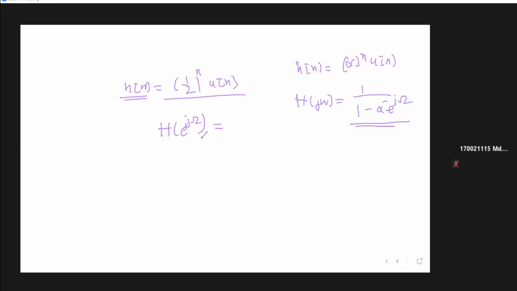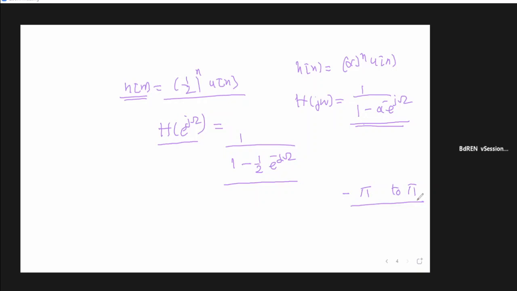If we can remember this thing, then what is the value of your H(e^{jω})? It will be equal to 1 divided by 1 minus half e to the power minus jω, isn't it? Yes, sir. And that is a periodic function, and that period we need from minus pi to pi, isn't it?